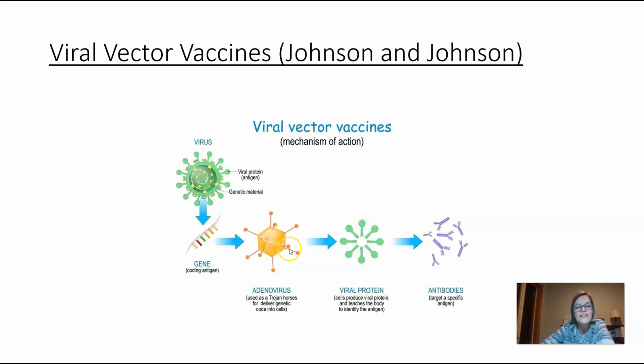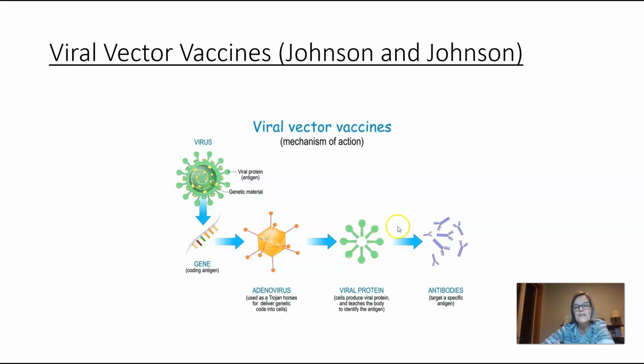And so with viral vector vaccines made out of this, you get an injection of this, and it actually does infect your cell, and it causes the viral proteins to be made, in a similar way to the previous one. And those viral proteins will do the same thing as on the previous slide.